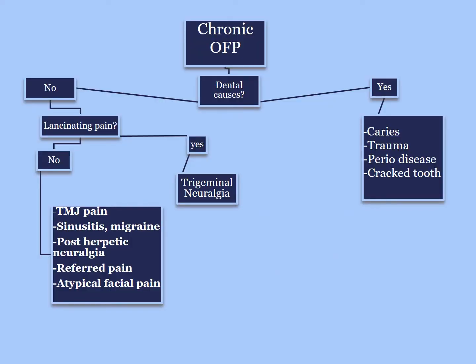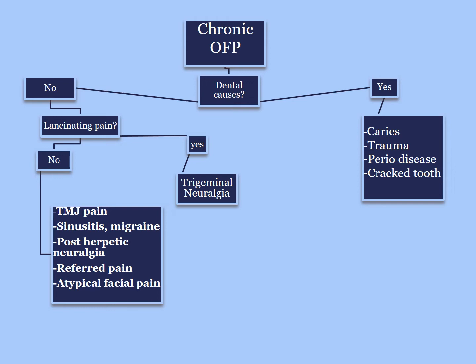So when we're talking about chronic orofacial pain, first thing would be as a dentist to rule out any dental cause of pain. If yes, then you already know that either it has to be caries, trauma, periodontal disease, or perhaps a cracked tooth. If no, then is it pain lancinating type? That's a very important question. If yes, then you're already looking at trigeminal neuralgia as a possible cause of pain.